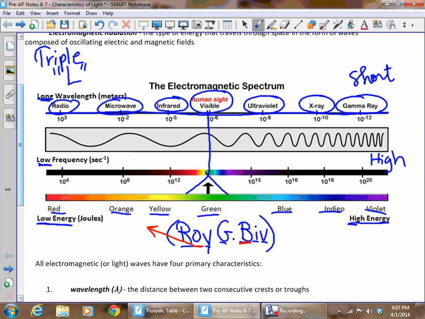Perhaps I would ask you which has the shorter wavelength, infrared or X-ray. Since X-rays are closer to the short wavelength side of the spectrum, I would be able to answer X-rays have the shortest wavelength. So using that spectrum and knowing the triple L side versus the high side, we can answer those kinds of questions.